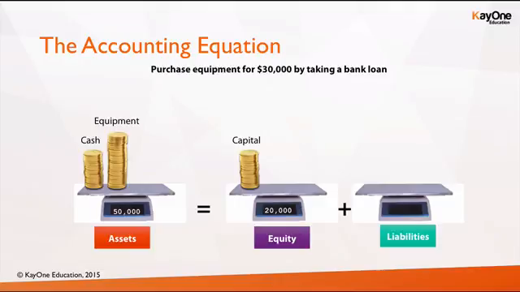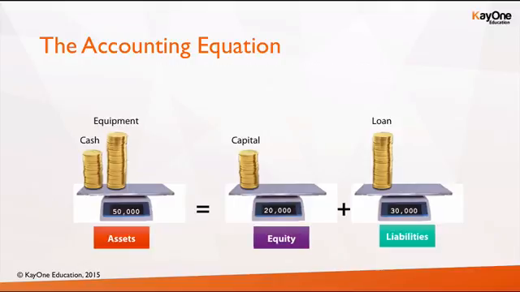On the contrary, since you have taken a bank loan, you need to pay back the banker, and therefore you owe this money, and this is a liability. Therefore your liabilities become $30,000. So look at the accounting equation again. 50,000 equals 20 plus 30. Therefore the accounting equation is in balance.